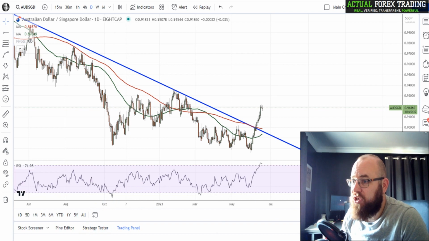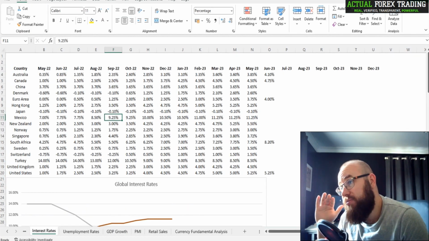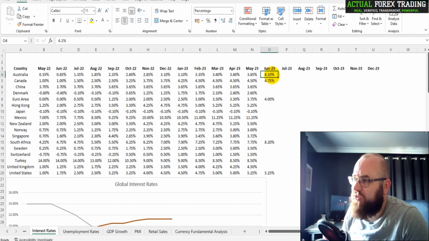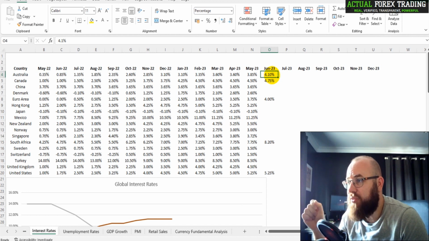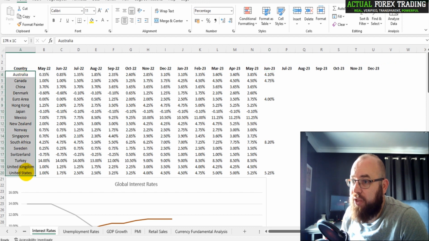So if I bring up my spreadsheet, I have a spreadsheet on Excel that I keep for interest rates. Let's go back a step. Interest rates are generally released every month. So you can see every month here, this is broken down every month by country.